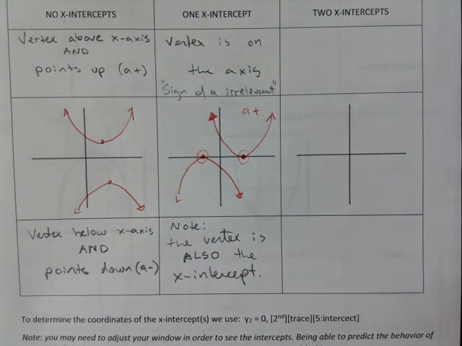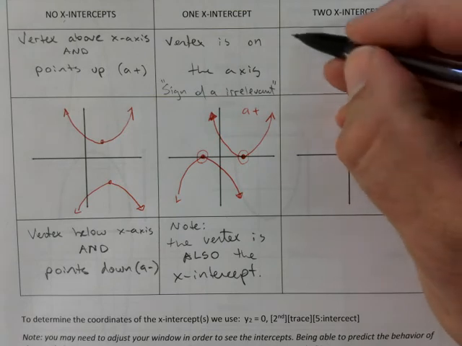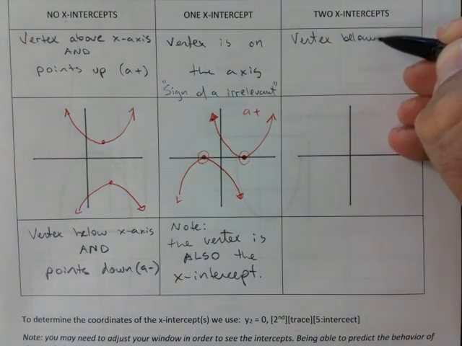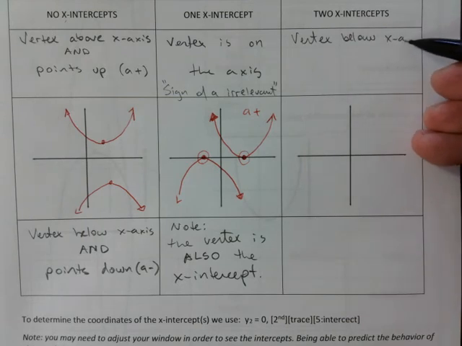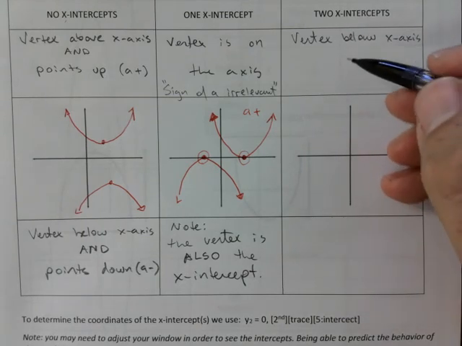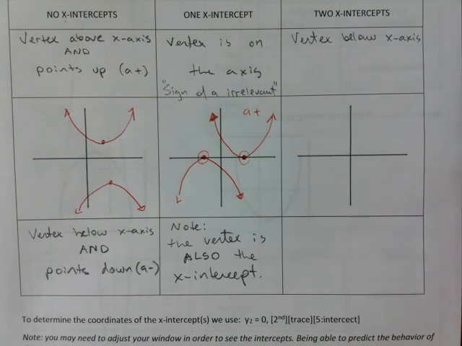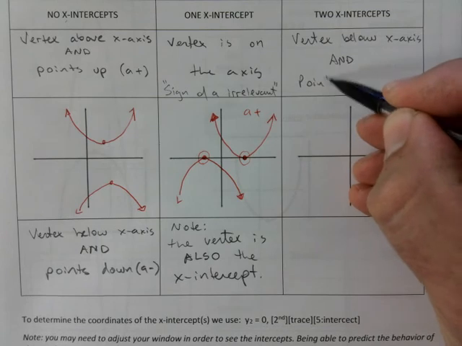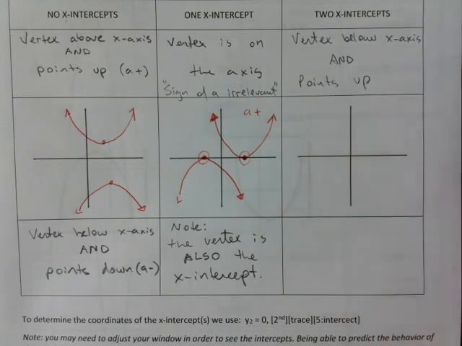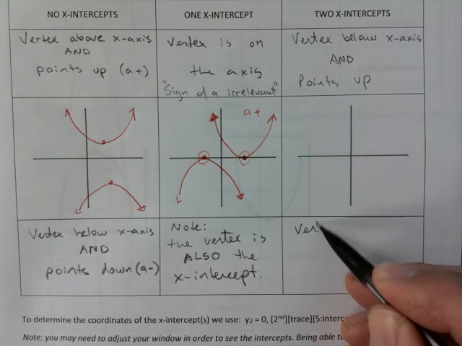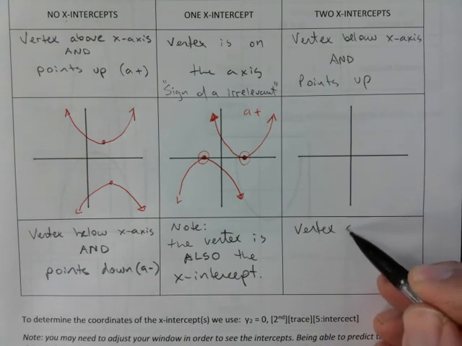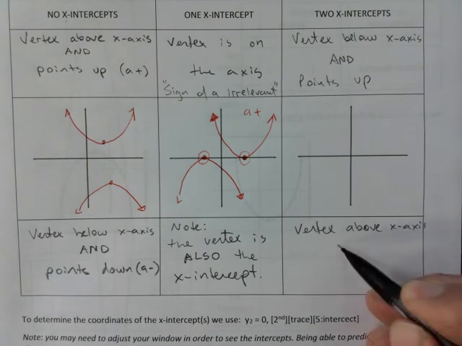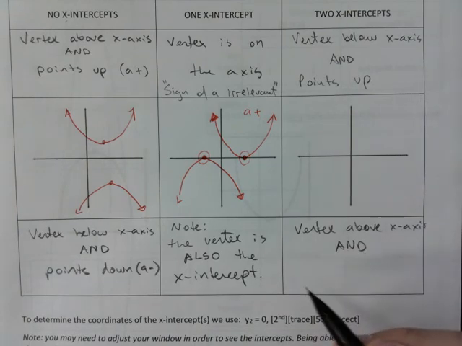Two x-intercepts. Vertex is below the x-axis and points up, or the vertex is above the x-axis and points down.